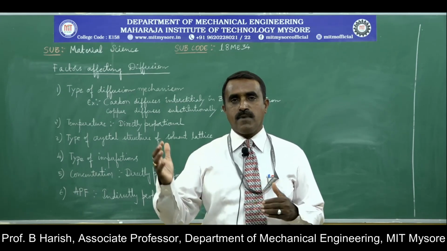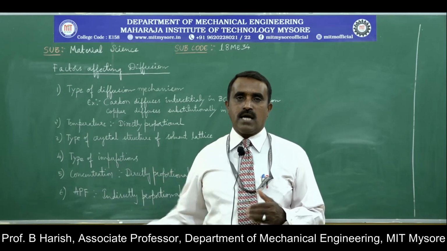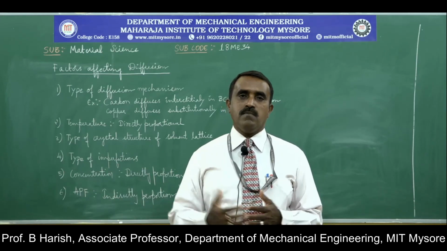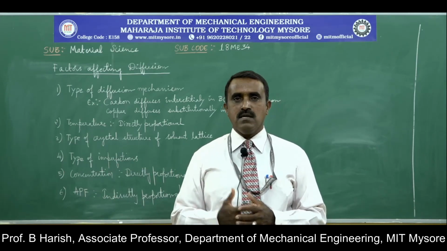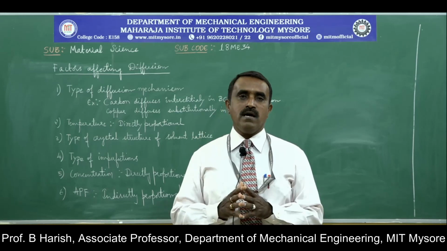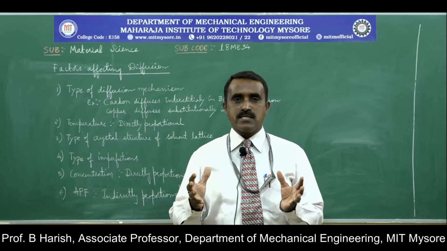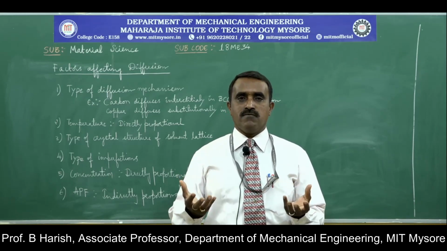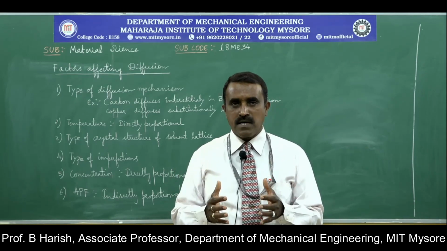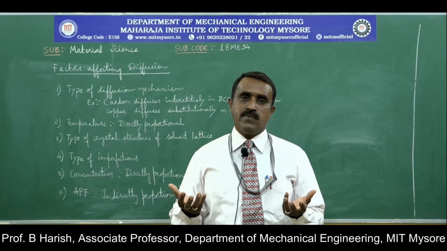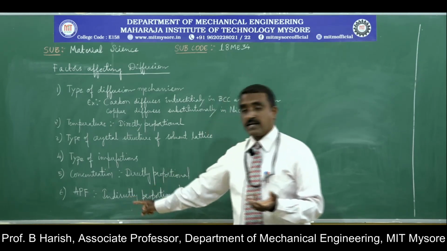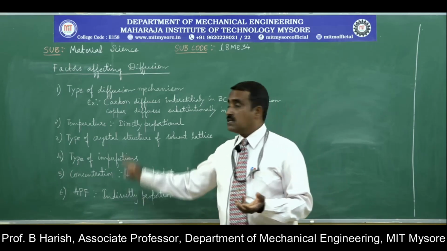In a certain type of crystal structure it is 0.74, meaning 74% of the volume is occupied by atoms and the remaining is empty. So with more empty space, what will be the diffusion rate? With less empty space, what will be the diffusion rate? Hence, this is one more factor that affects the diffusion rate.